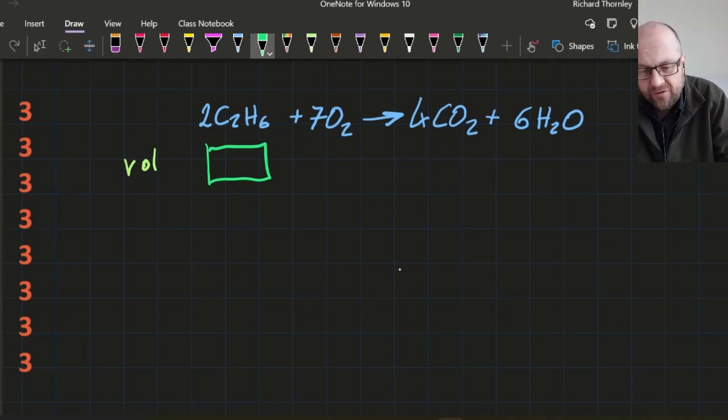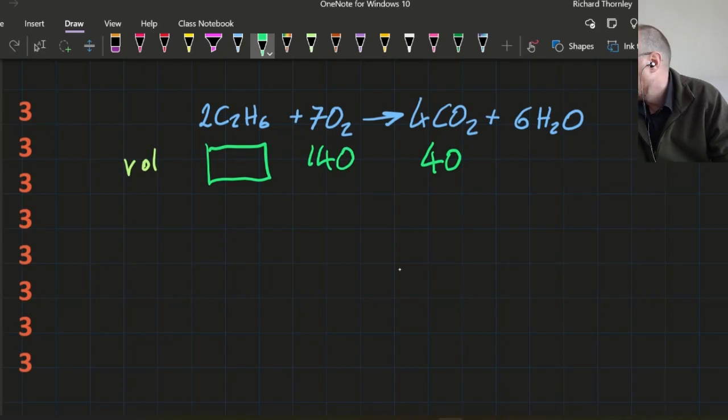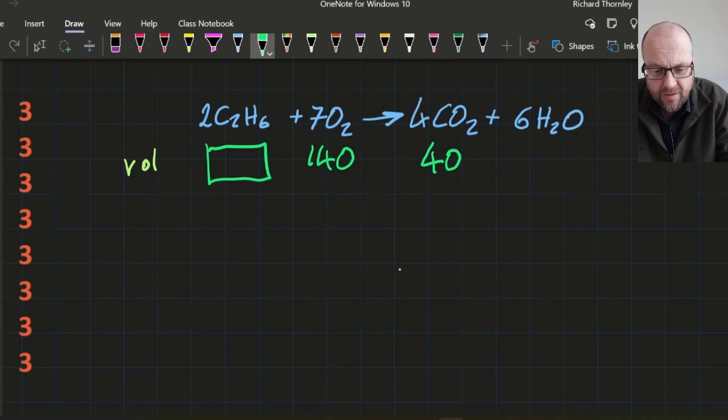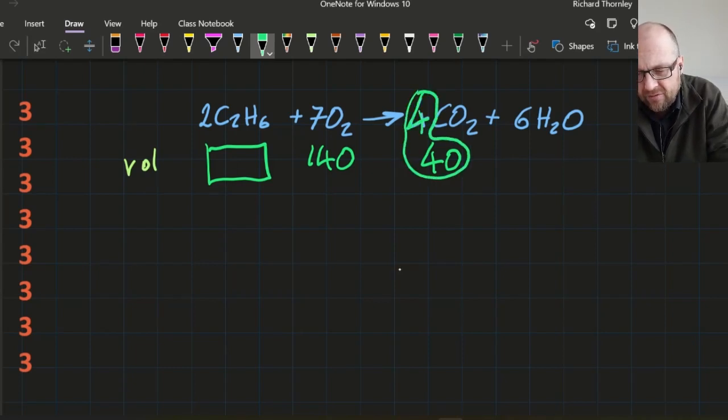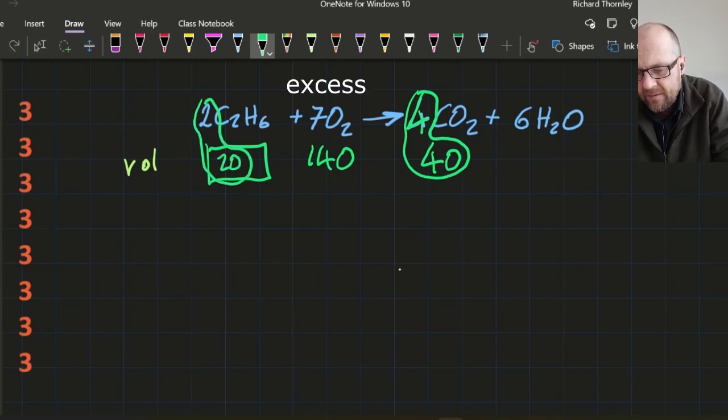I've got 40 there, and I've got 140 there. Are they trying to jerk me around with excess and limiting? Maybe, but I think we can short circuit this. So 4 is to 40 as 2 is to 20. So I need 20. So 3 is B.